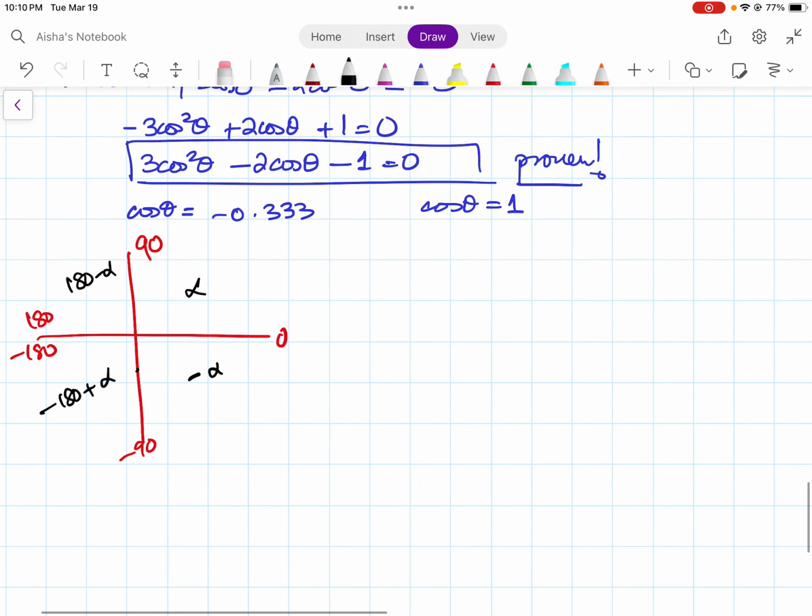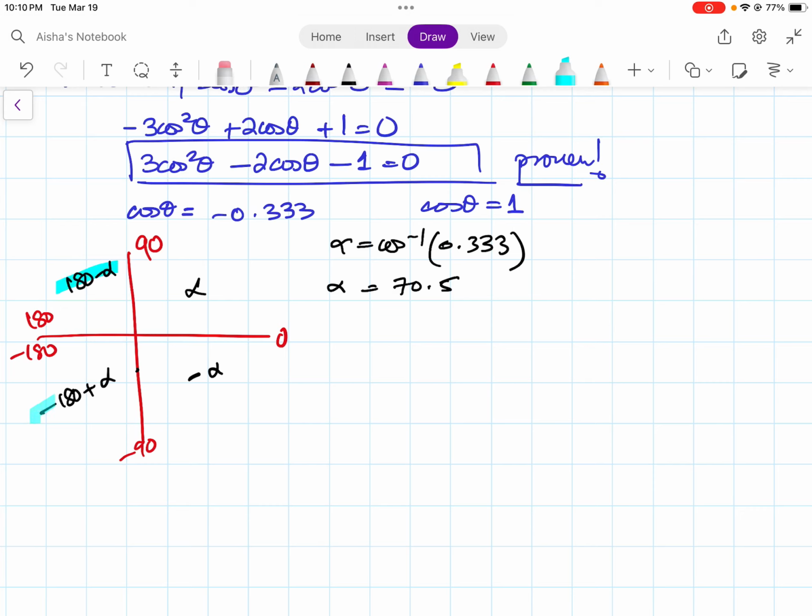Okay, cos is negative in the second and third. Alpha is cos inverse 0.3333. So it will become 70.5 as my alpha. Now negative cos is in second and third.